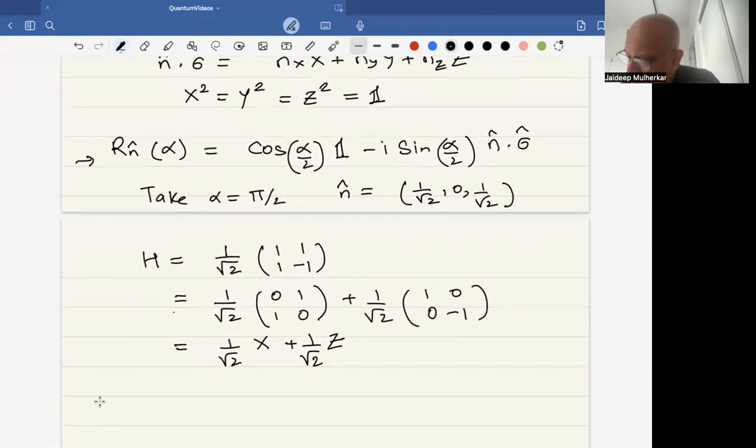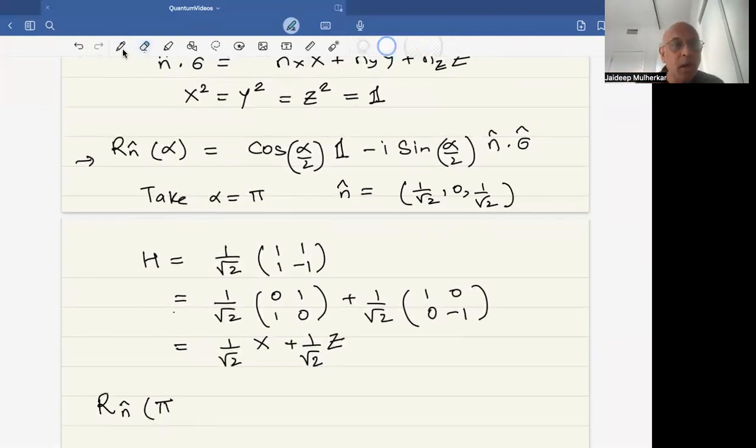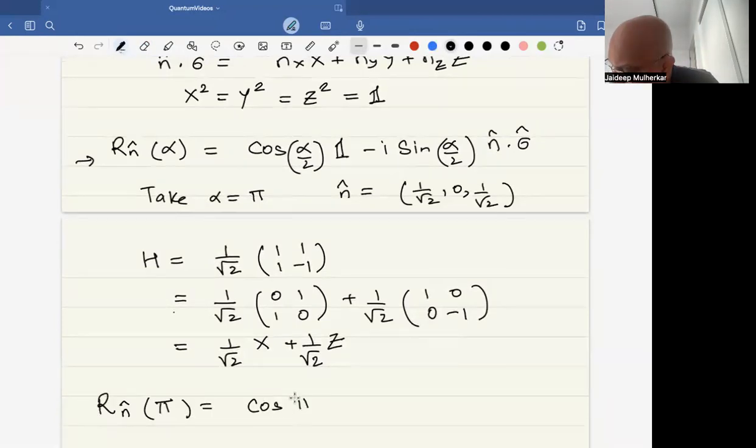No, alpha shouldn't be pi over 2. Alpha should be pi rather. Okay, so if I take Rn of pi, then this will be cos pi over 2 identity minus i sine pi over 2 times 1 over square root of 2 X plus 1 over square root of 2 Z.